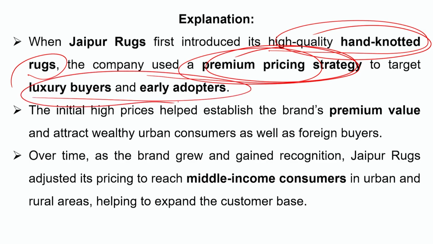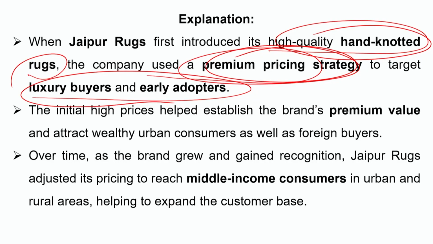They target only premium customers, those who have the ability to buy, because the product cost is very high, maybe 15,000 or 20,000. So not everyone is going to buy it. They targeted premium customers and they became successful.